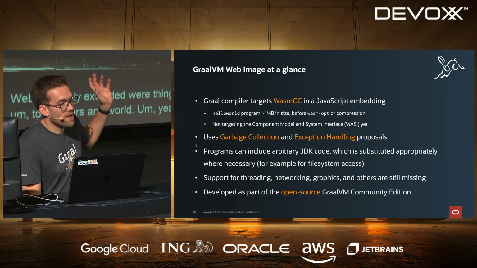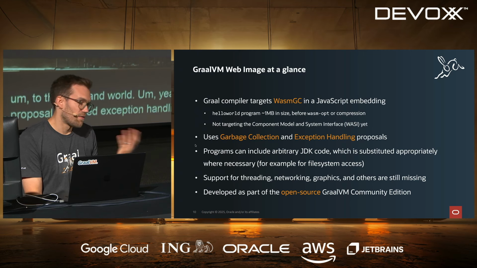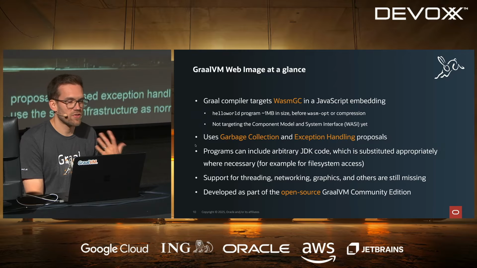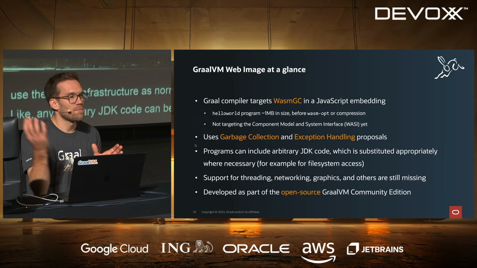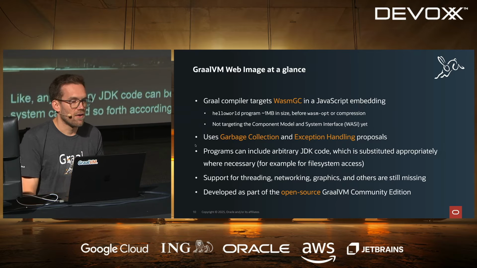We use the garbage collection proposal, we use the exception handling proposal, and because we use the same infrastructure as normal native image, any arbitrary JDK code can be compiled, and then we substitute system calls and so forth accordingly, or file system access accordingly.